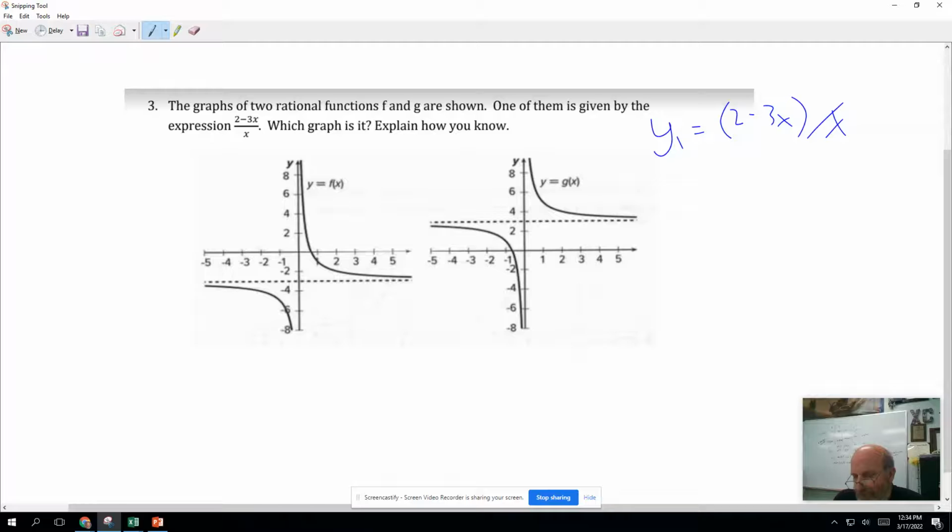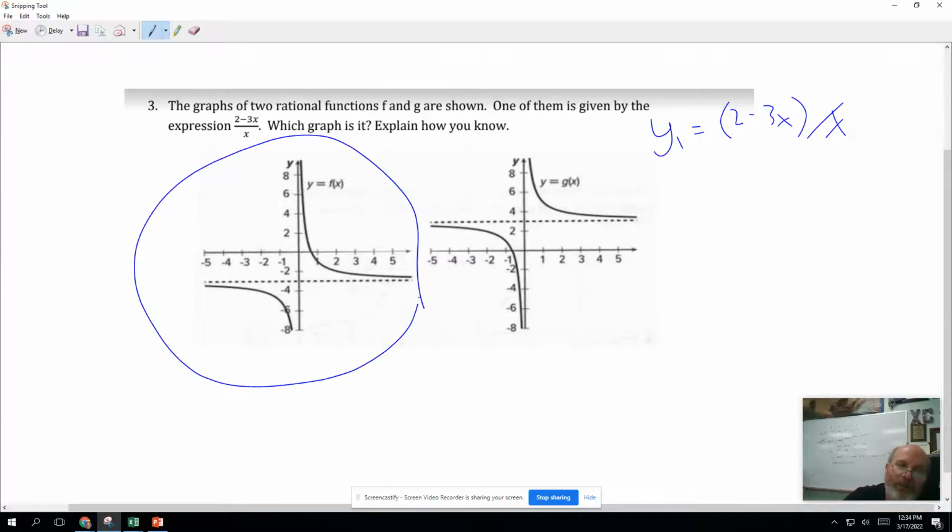You'll see one of these or the other. When you graph this, you'll see this one. And the reason is, as x gets really, really big, the y value goes to that right there.